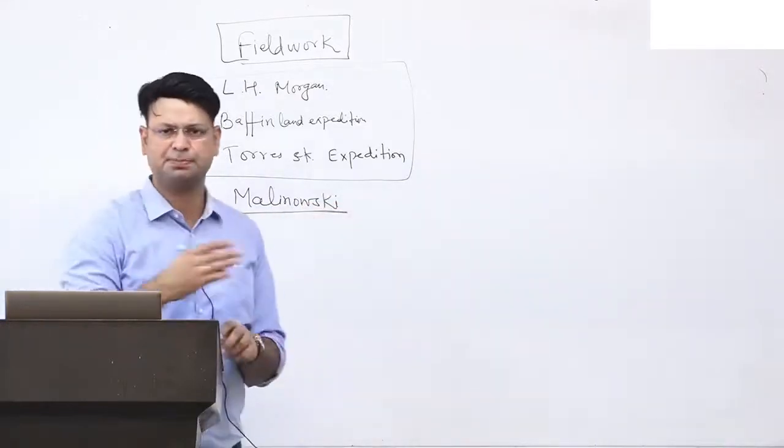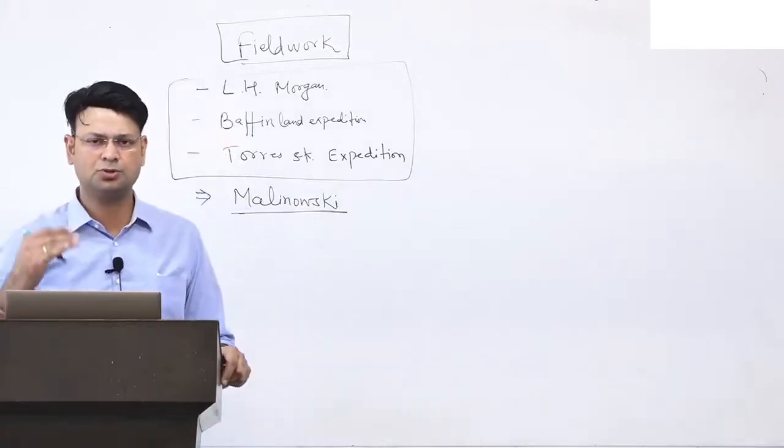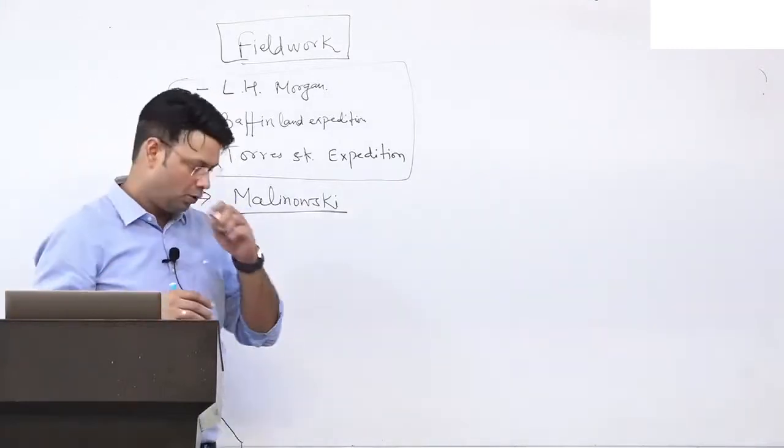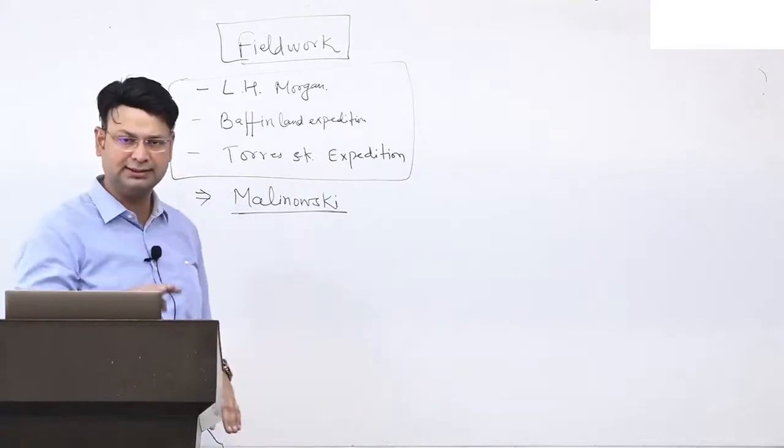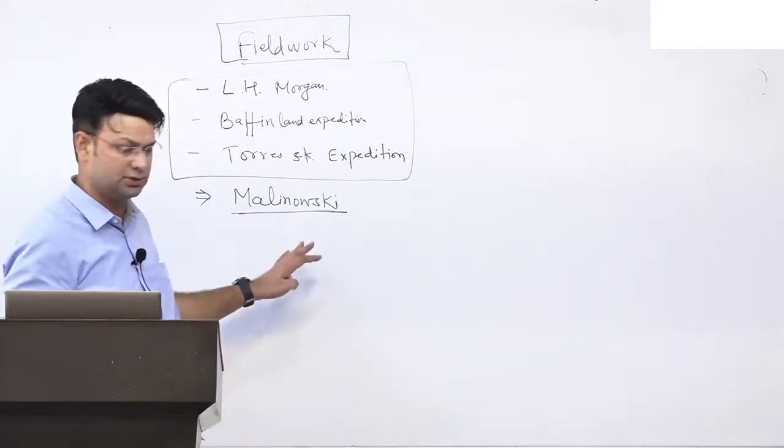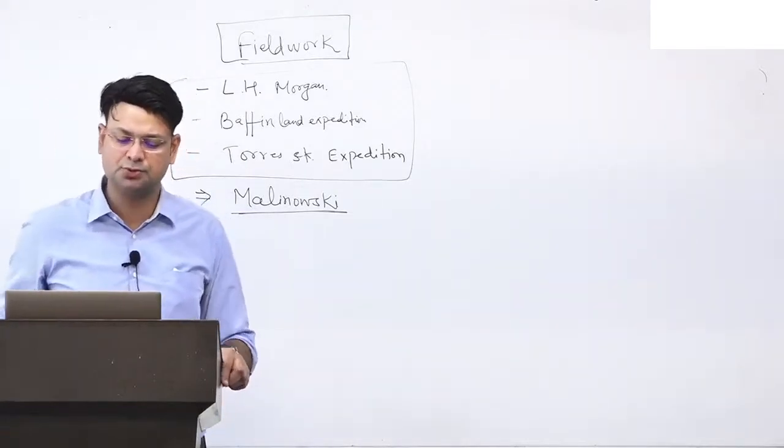After Malinowski came Pritchard, Meyer Fortes, and all these people did field work, and now it became the essence of anthropology. So this is one chapter that you have to do.